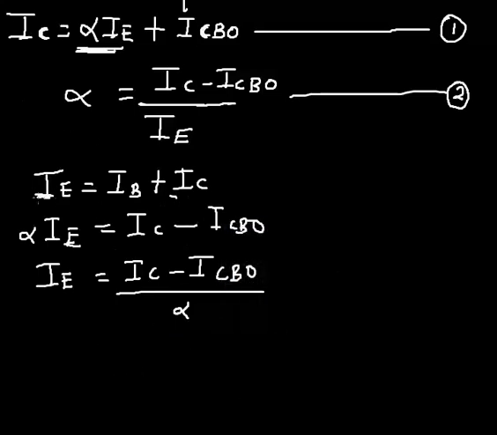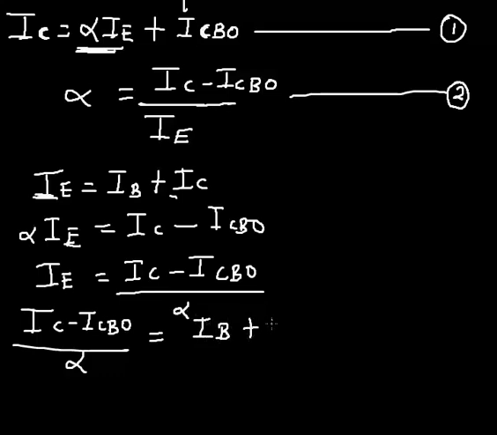At this point I have IE, which is IC minus ICBO divided by alpha, equal to IB plus IC.